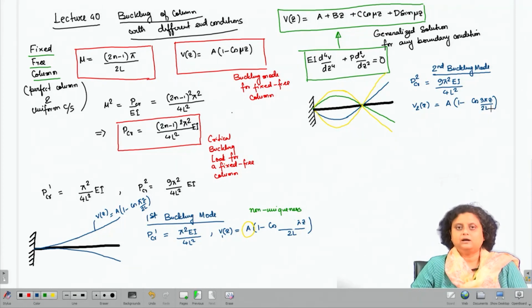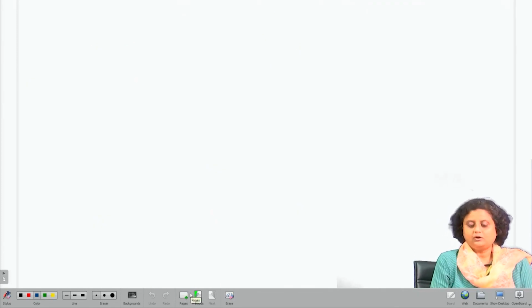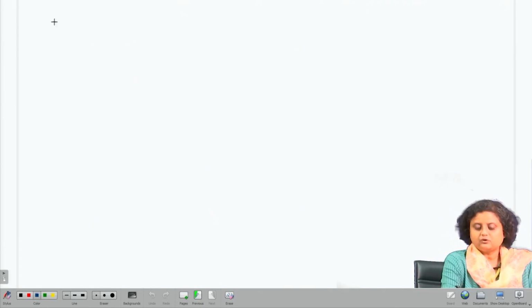Similarly, we can find out the other higher order buckling modes. So, we have done this example in detail for a fixed free column. We can also do it for other boundary conditions, that is fixed-fixed beam, pinned and so on. The methodology that has to be followed is exactly the same. Now let us move on to a concept which is called the effective length of a column.